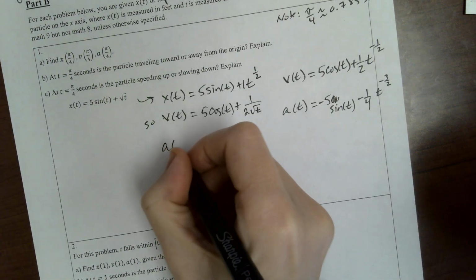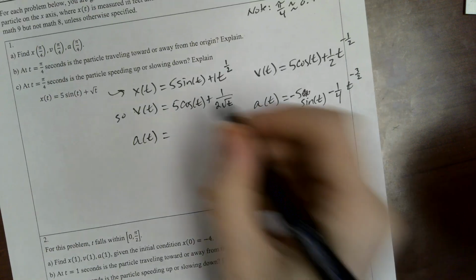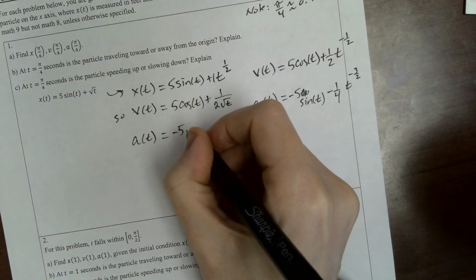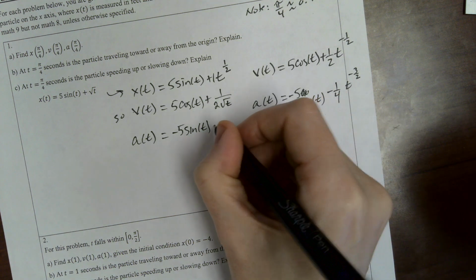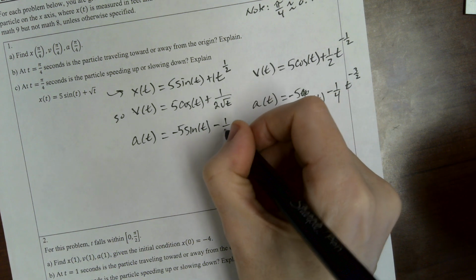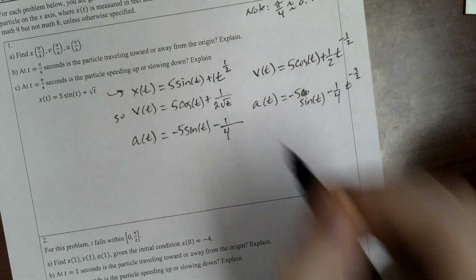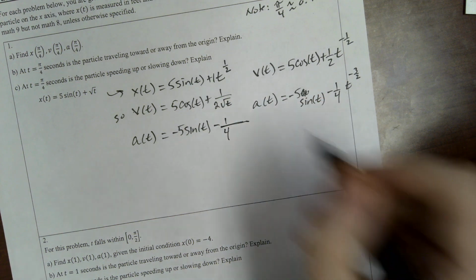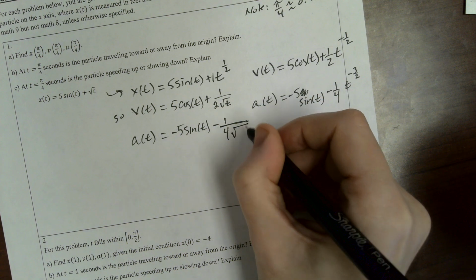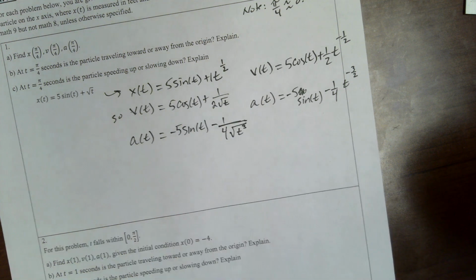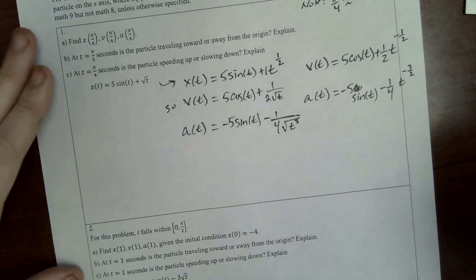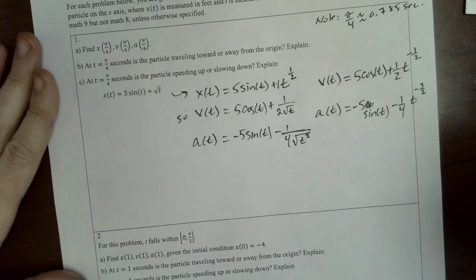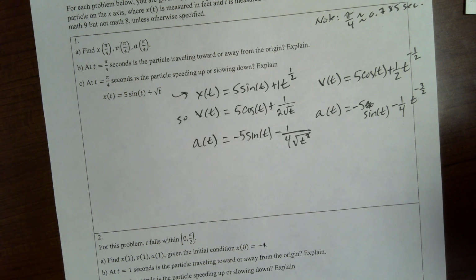And we've got a of t equaling negative 5 sine of t minus 1/4 square root of t cubed. Okay. All right, guys, so we still have to plug in pi over 4 to all of these.